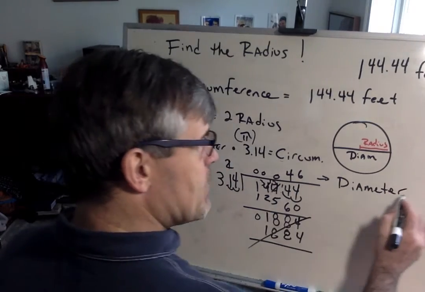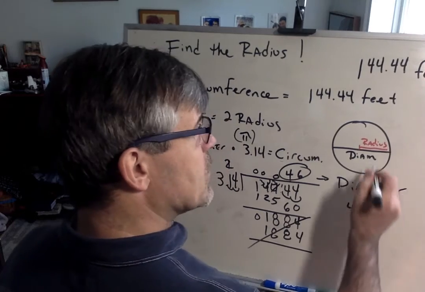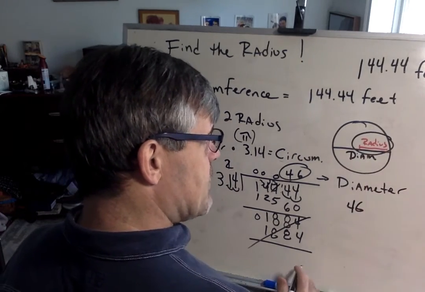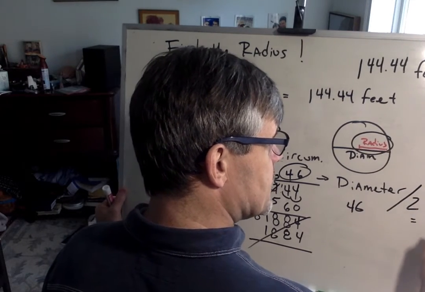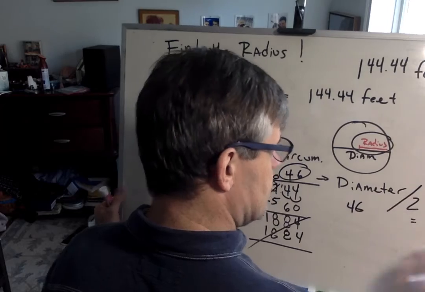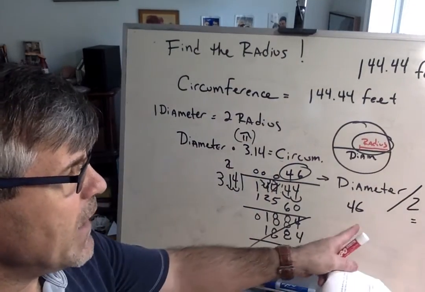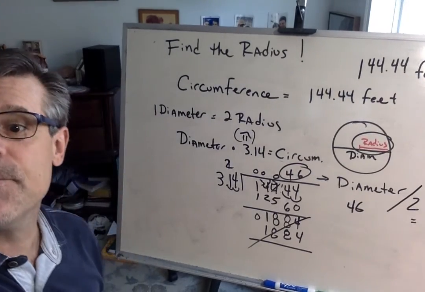Now, my diameter, we just figured out, was 46. But we're looking for radius. Radius is half a diameter. So if I divide diameter by 2, I get the radius. So, Sarah E., what do you think the radius is going to be if the diameter is 46?